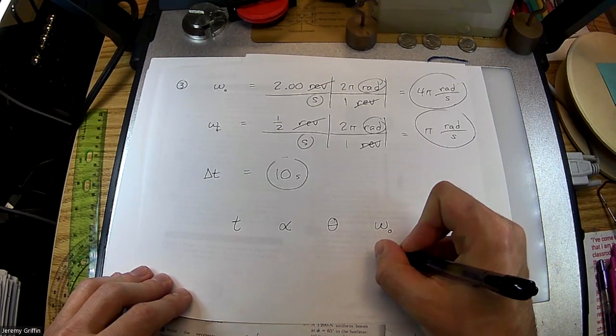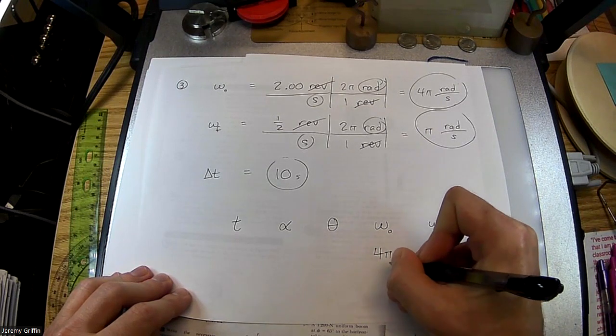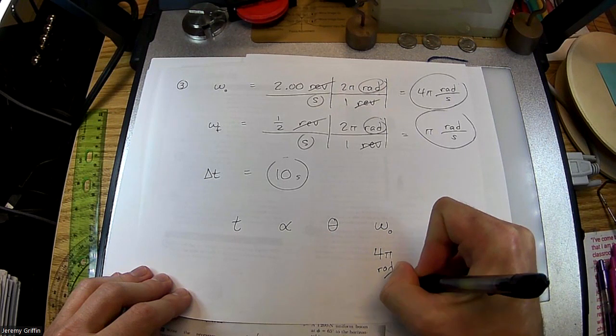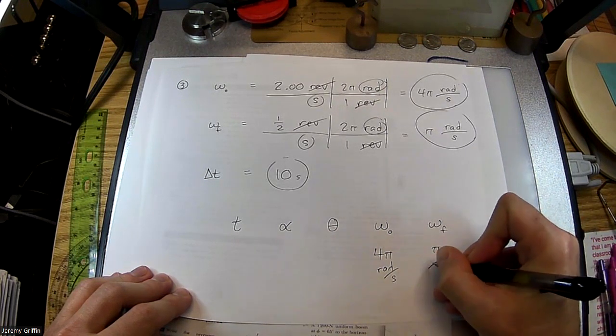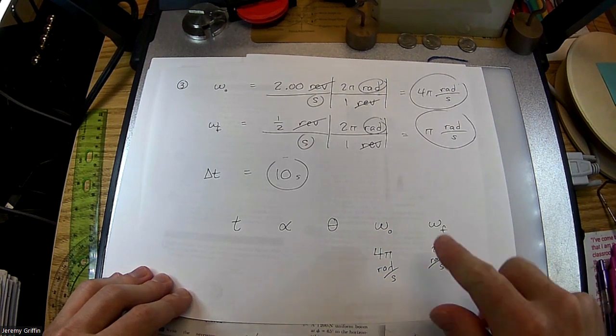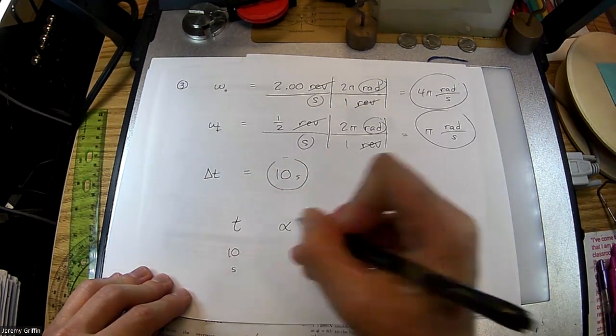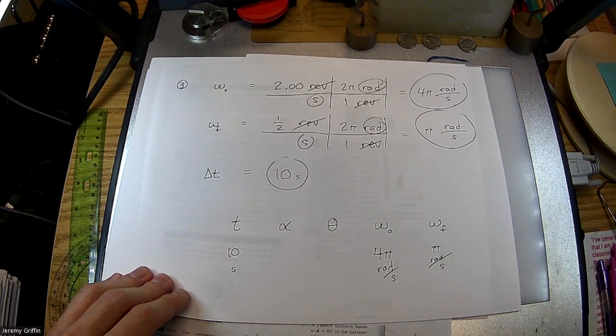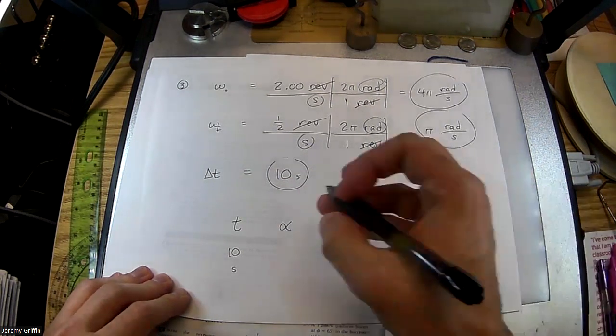Surprise, it's kinematic. We're going from 4 pi radians per second to just pi radians per second. We're doing this in 10 seconds. And the 2 things that we could solve for are exactly the 2 questions that were asked.